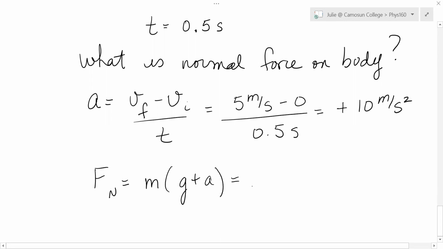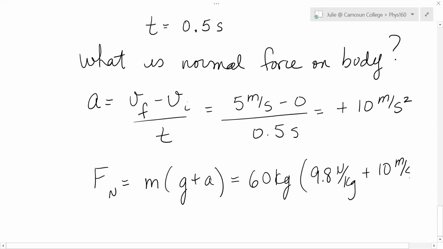Now I'd have to know what your mass is. Whatever. Say it's, I don't know, 60 kilograms or something. And this would be 9.8 newtons per kilogram plus 10 meters per second squared. So this is almost double your weight. So you could actually get a bathroom scale to read double your weight if you're able to push off to a takeoff speed of 5 meters per second in half a second.